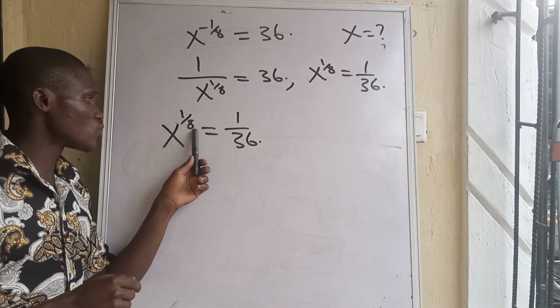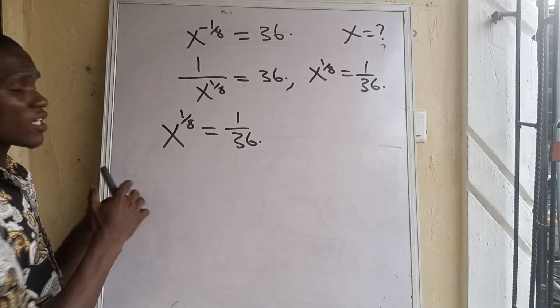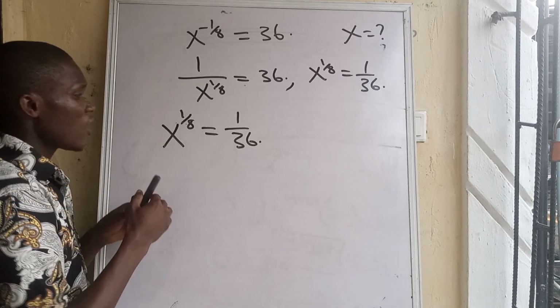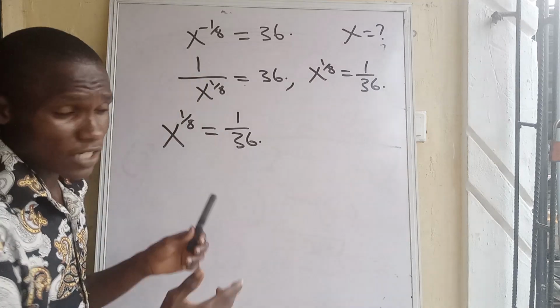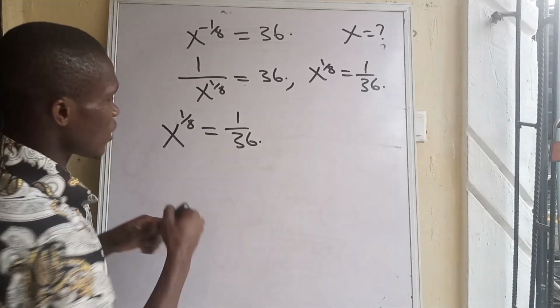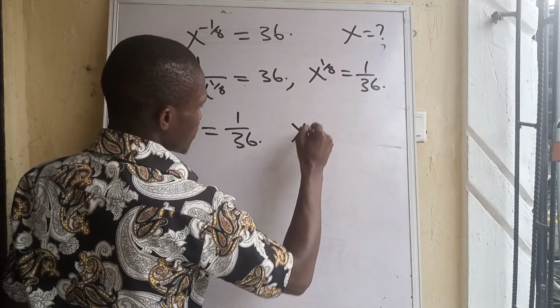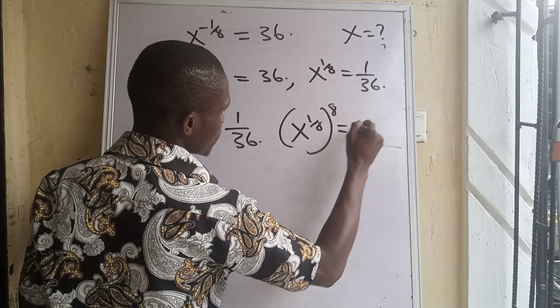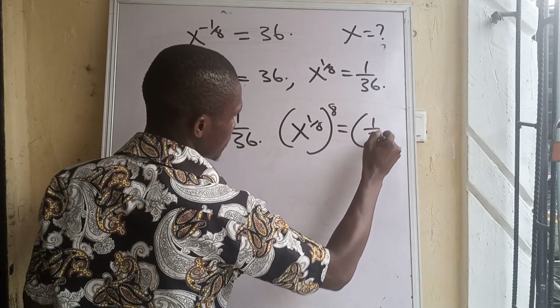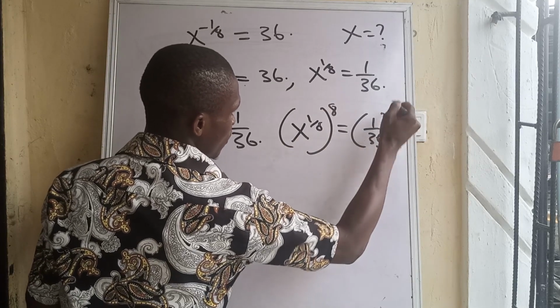So what are we going to do having this? The simple thing we can do is raise both sides to the power of 8. So we can say x to the power of 1 all over 8, all to the power of 8, is equal to, open brackets, 1 all over 36, to the power of 8.